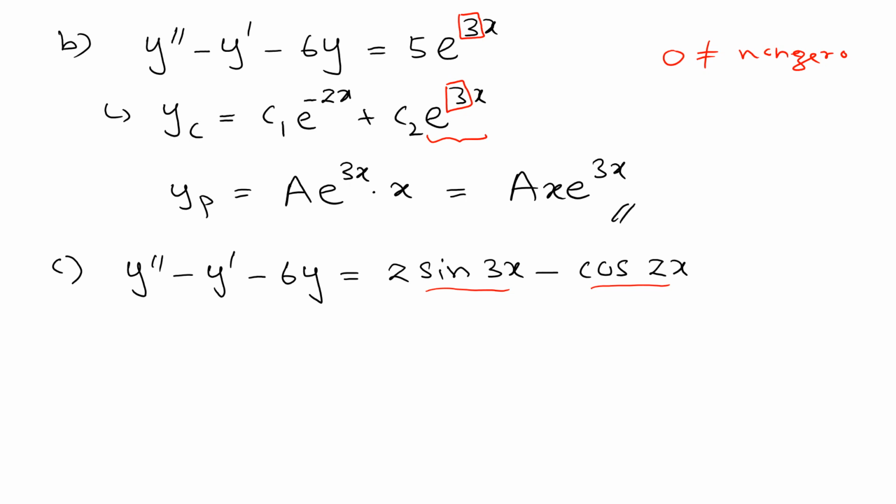And also you see that these 3 match with yc. If you look at the yc, it's the same yc for this problem as well. So you can see it is c1 e to the negative 2x plus c2 e to the 3x. So it's a 3 match. But this is different. There's no match here, because to get the sine cosine terms, we know that the lambda has to be complex.